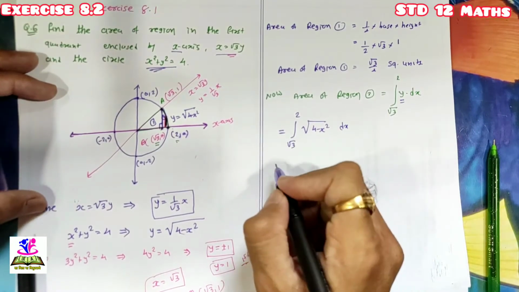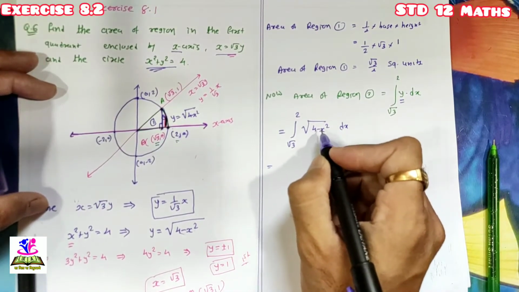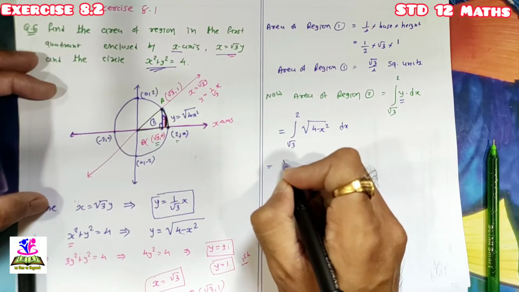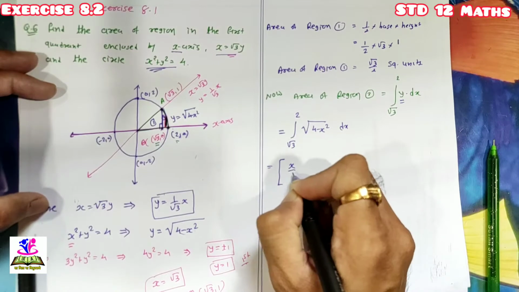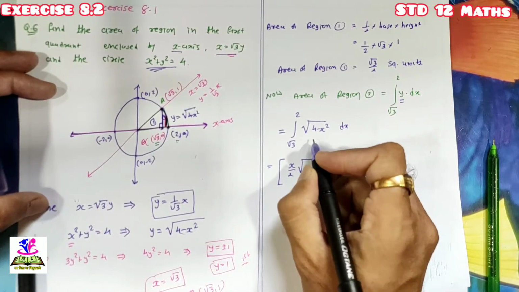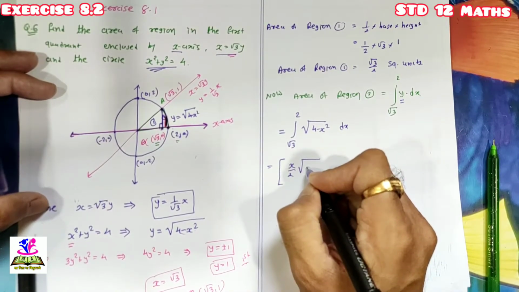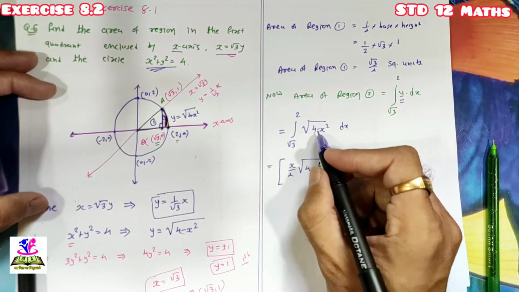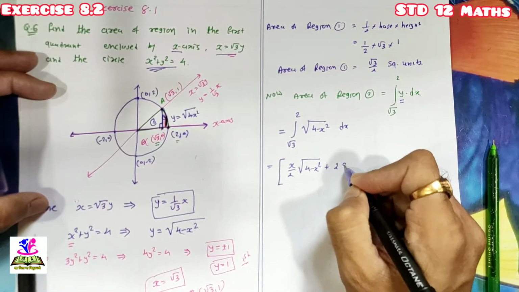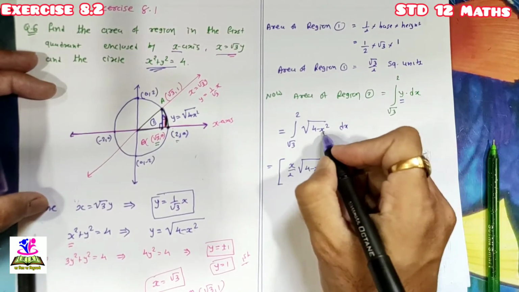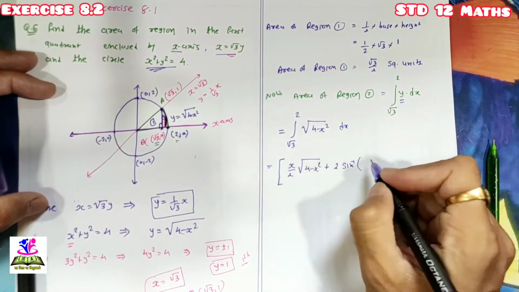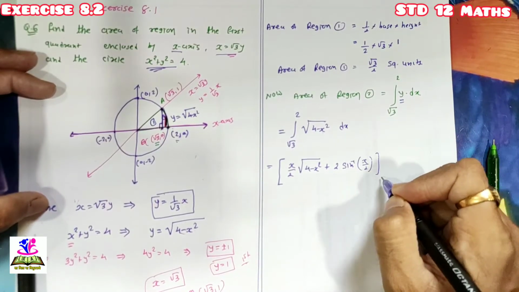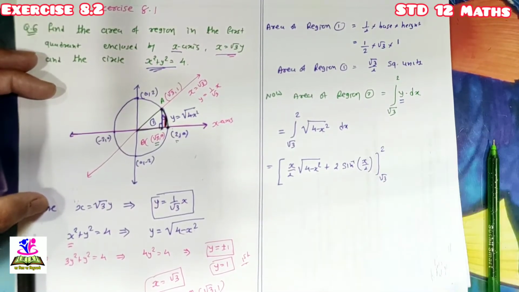Now using the formula for square root of a square minus x square, the integration is x by 2 into square root of 4 minus x square plus a square by 2, so 4 by 2 sine inverse x by a, where a is 2, so x by 2, applying limits √3 to 2.